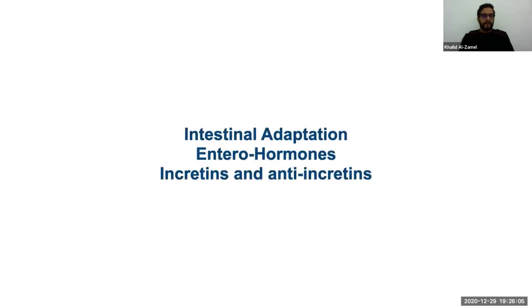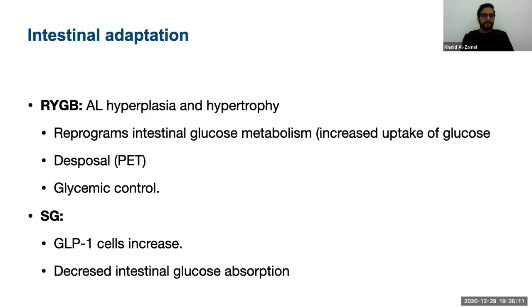The concept of intestinal adaptation, entero-hormones, and incretin and anti-incretins. Talking about intestinal adaptation: after Roux-en-Y, the physiology of Roux-en-Y will cause the alimentary limb, as I wrote it in abbreviation AL, to undergo hyperplasia and hypertrophy.